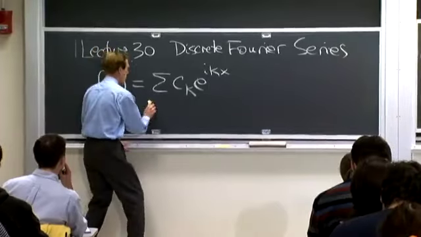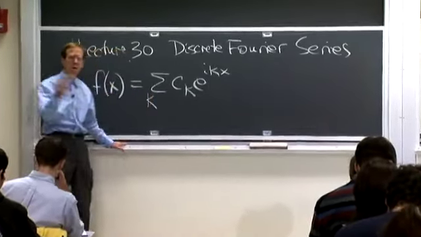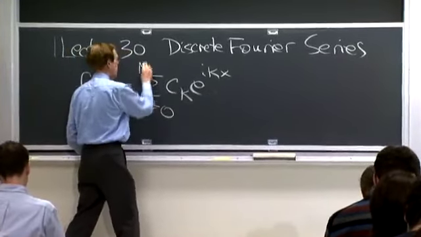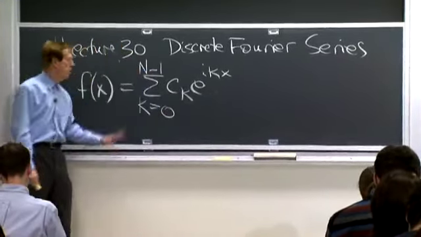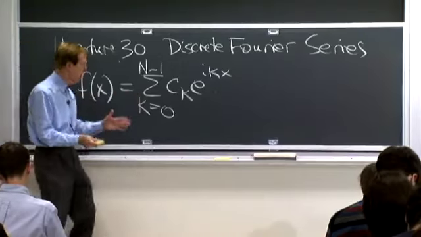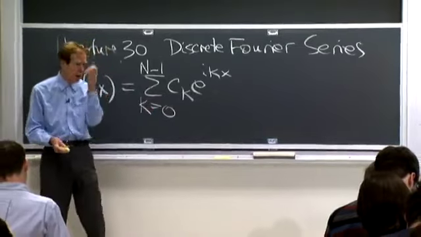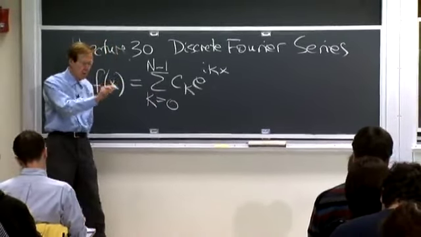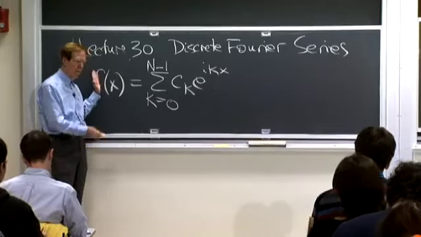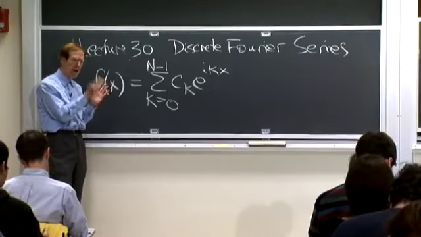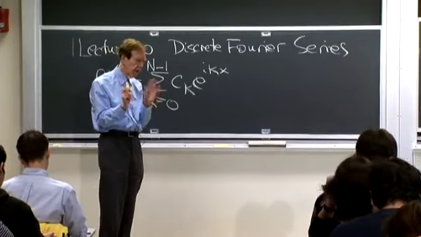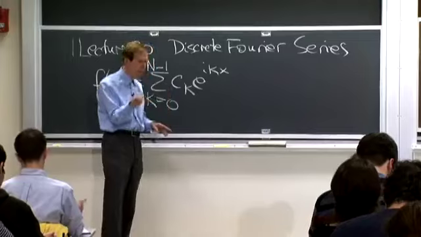So this k, well, I could go 1 to n, but the best way is 0 to n minus 1. So that's the discrete series. We're going to be dealing with a vector, C0 up to Cn minus 1, and a vector of function values, vector to vector. So a matrix is going to be the key to everything here, an n by n matrix.